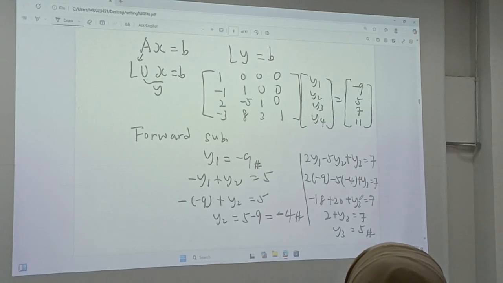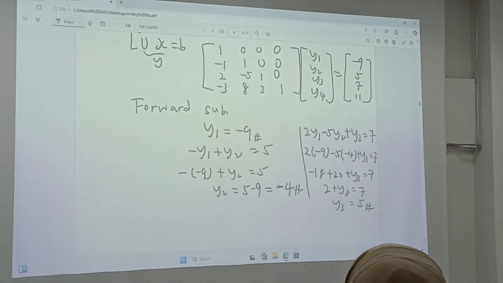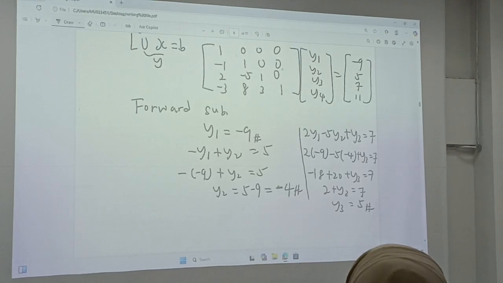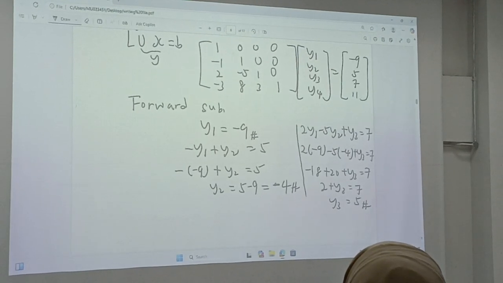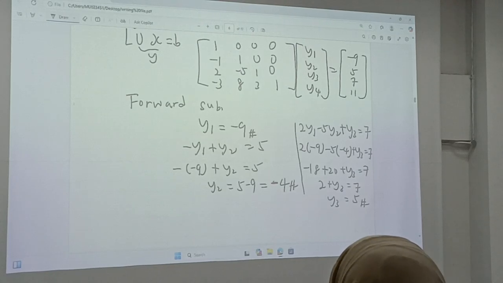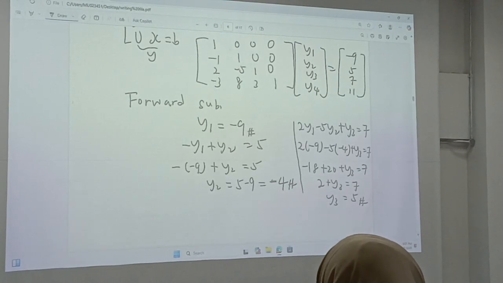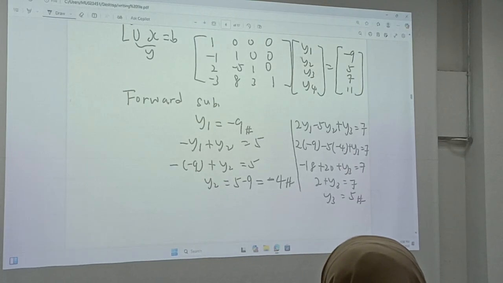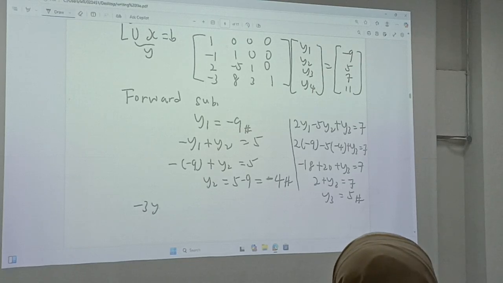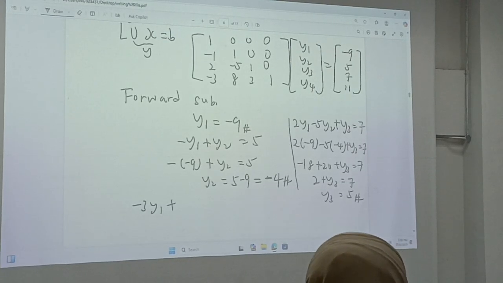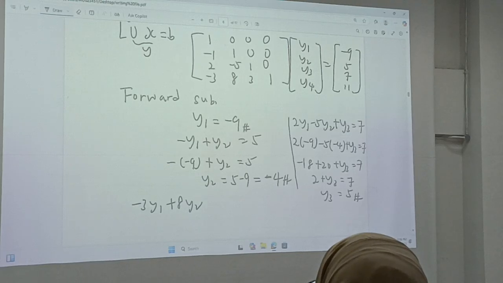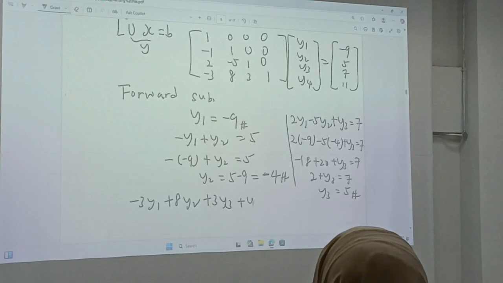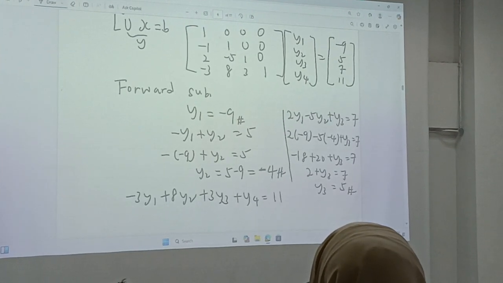Okay, and then the last one: negative 3 times y1, 8 times y2, 3 times y3, 1 times y4 equal to 11.